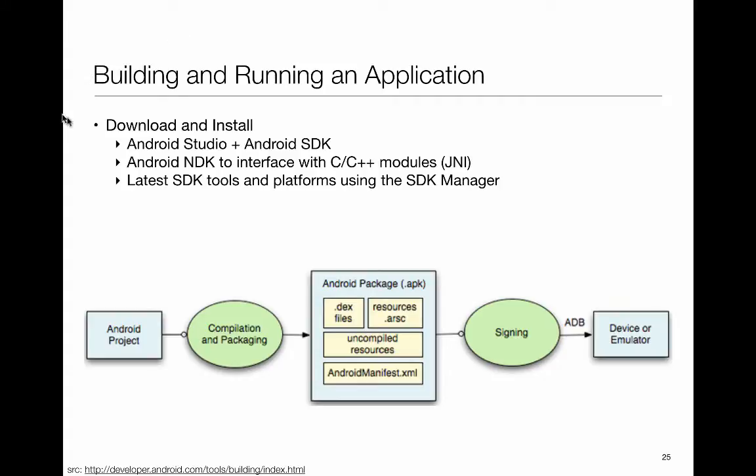The way you compile an Android app is that the app will be compiled and packaged into an Android package file, which is .apk. This is the actual application file you will install, either after you download it from the Play Store or when you do it through your own Android Studio. It includes several components, including the actual binary code of the program, some resources, and the most important thing here, the Android manifest XML file, which you will see in a second.